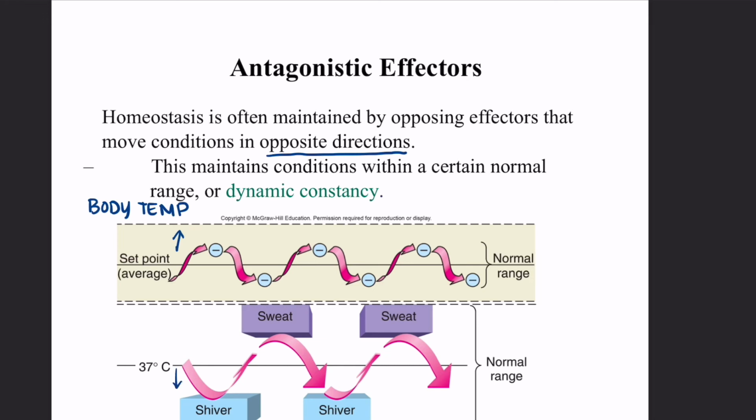And so these are considered antagonistic effectors because they do the opposite to change the stimulus in opposite directions. So again, as we describe what homeostasis is, there is never an absolute constant, but there is actually more of a movement of constancy within this range. And so we call that dynamic constancy, which is kind of like an oxymoron, right? It's changing within this range.